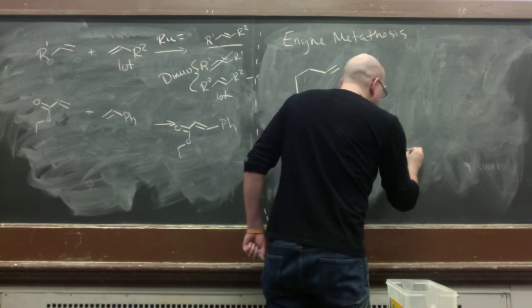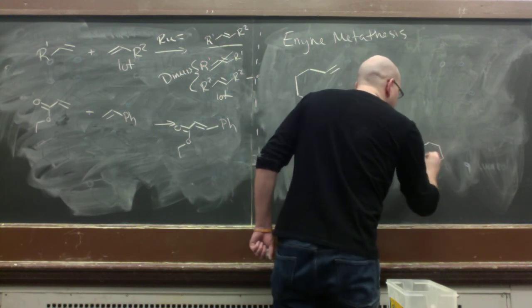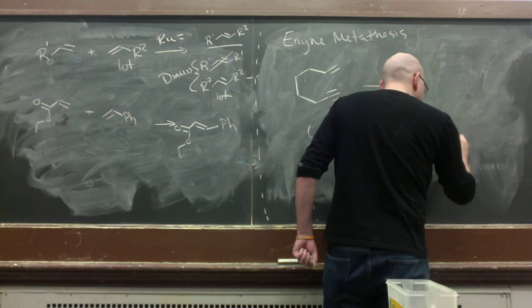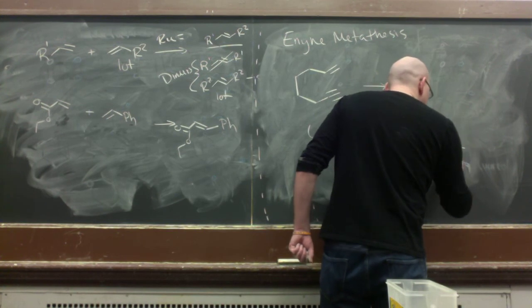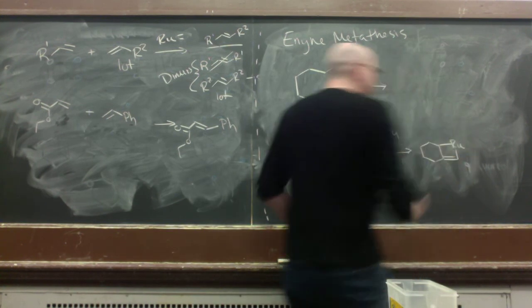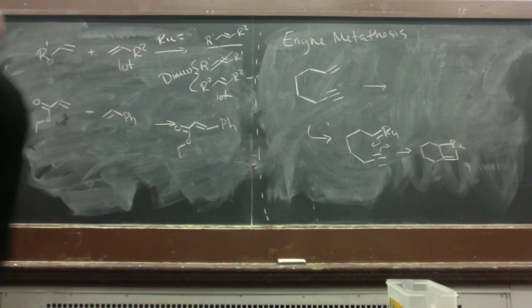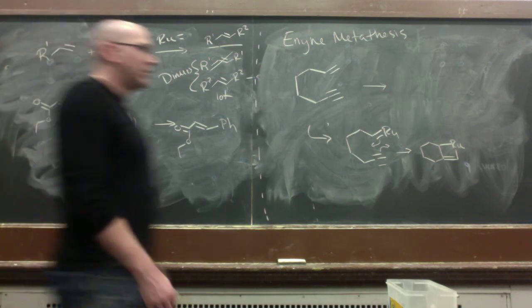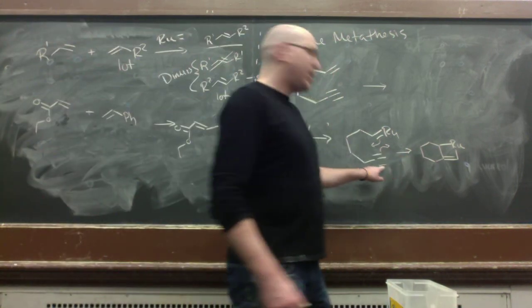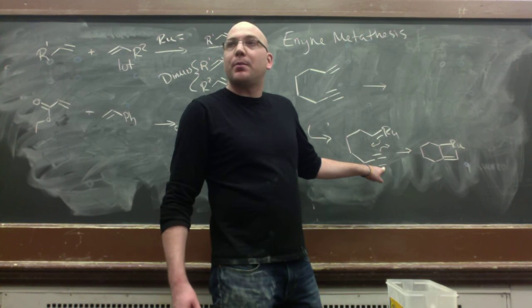Well, let's start. If we start with the 2+2, what we're going to generate now is a cyclobutane again, but now it's going to be a cyclobutene, right? It's going to be a metallocyclobutene, because that alkyne is only one of the pi bonds that's going to react.